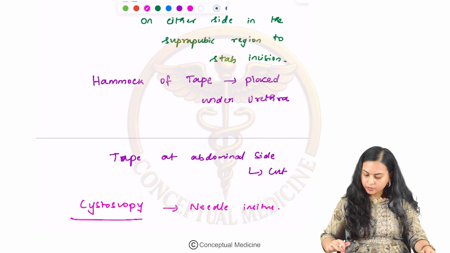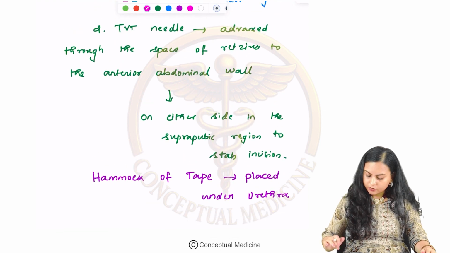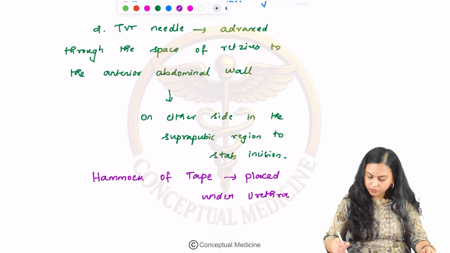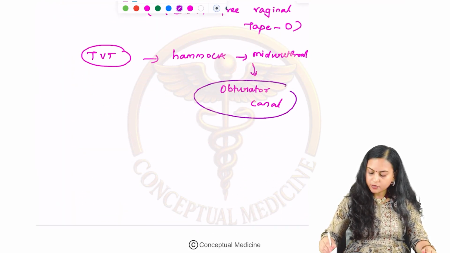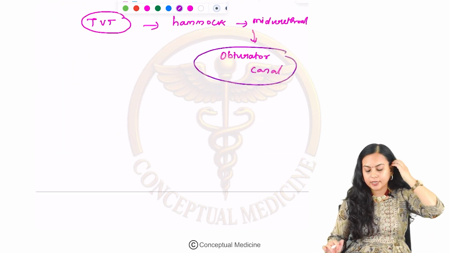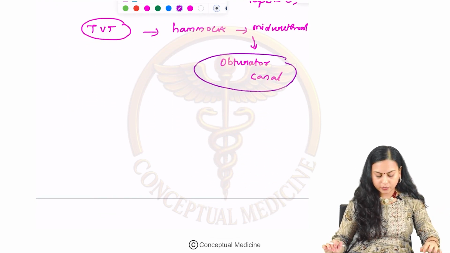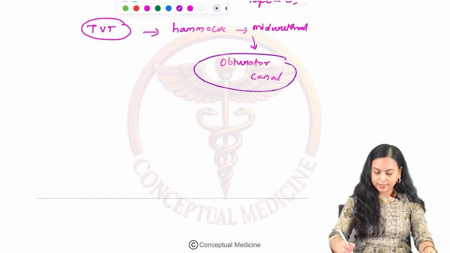In TVT it is brought out through the space of Retzius, whereas here the hammock is brought out through the obturator canal. That is why it is called transobturator tape.